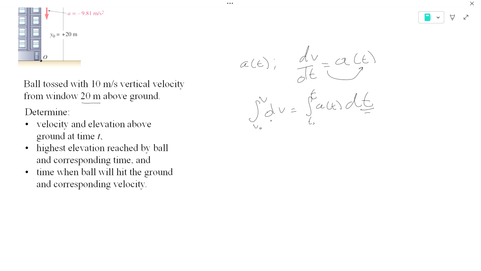So this right here is basically the velocity in terms of time minus an initial constant velocity. If this is 0, then that goes to 0. If it's not 0, like in this case, then we have to keep that constant. And this is equal to whatever the acceleration is given.